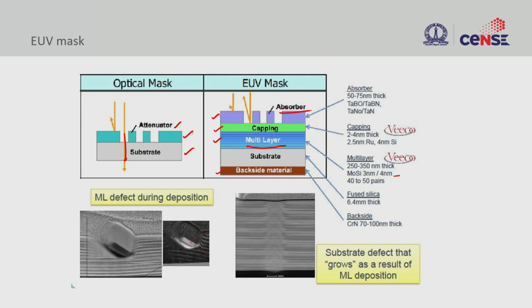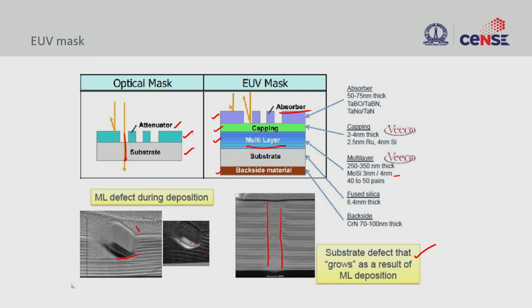Just to give you an example, a dislocation in the multi-layer stack will quickly result in deformation of your reflection. So substrate defects could directly translate into reflection effects of this multi-layer deposition. During multi-layer deposition, you also want to make sure that you don't incorporate any defects.